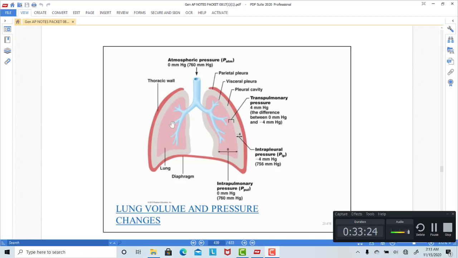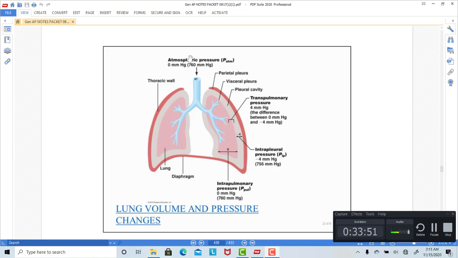So when you look at, for example, this diagram, it just shows how we have pressures in the fluid. We have pressure within the alveoli themselves. That's called intrapulmonary pressure. That's pressure within the alveoli. The alveoli are not shown here, but they are assumed to be here in the pink area. And then we have transpulmonary pressure, which is pressure across the wall of the alveoli and the pleural membranes.